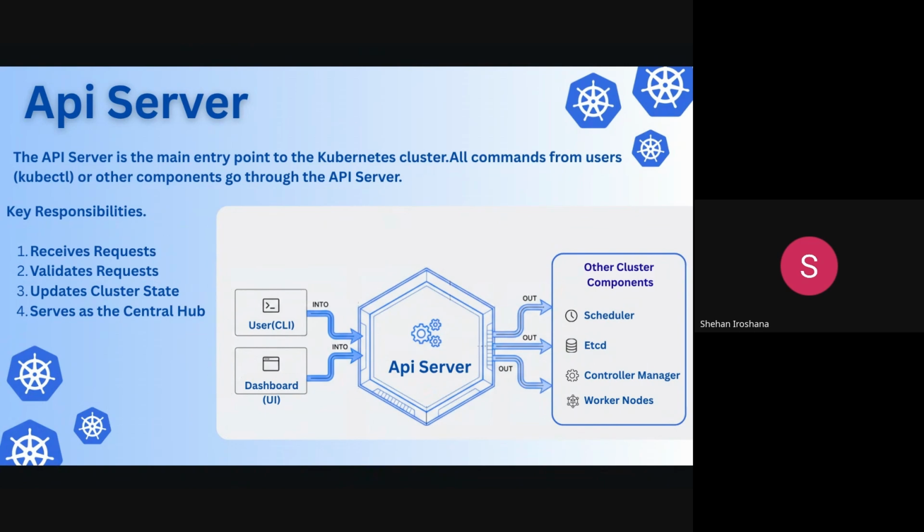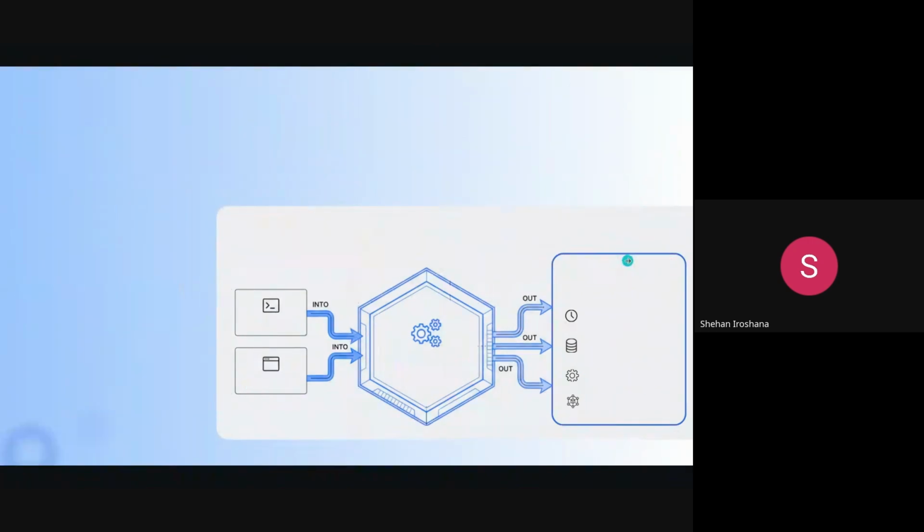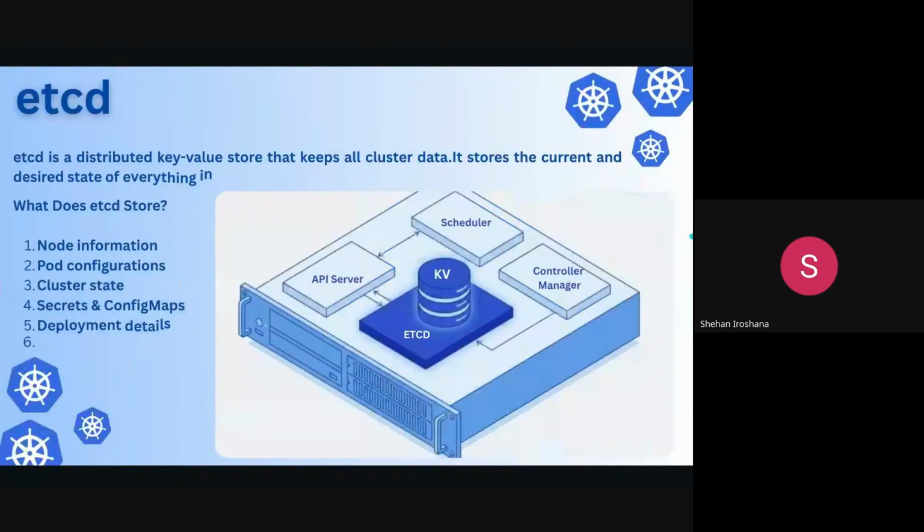Now, once the API server receives and stores everything, where does the data actually live? That's where etcd comes in. etcd is basically the database of the Kubernetes cluster. It's a distributed key value store that keeps all the cluster data.